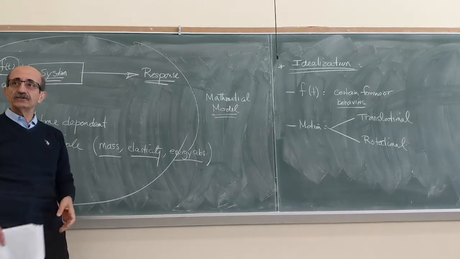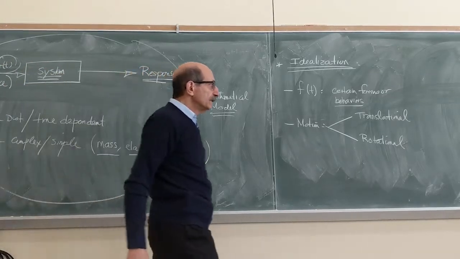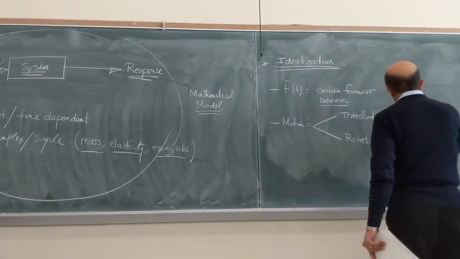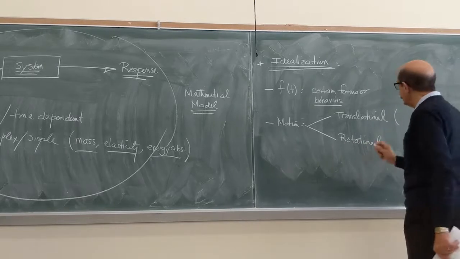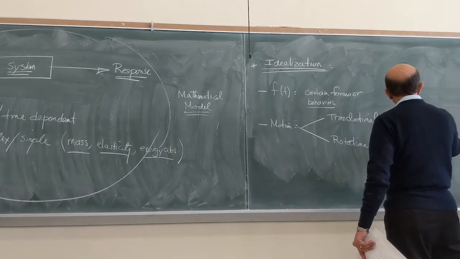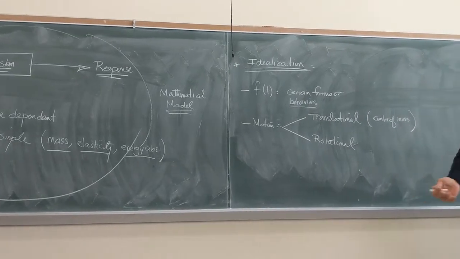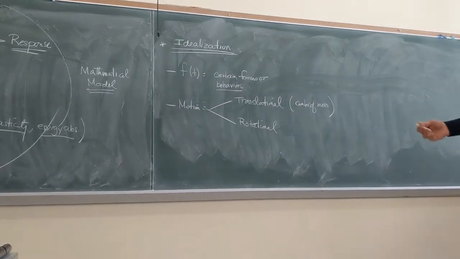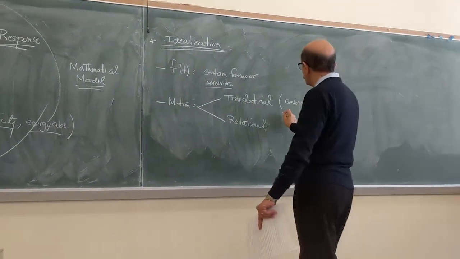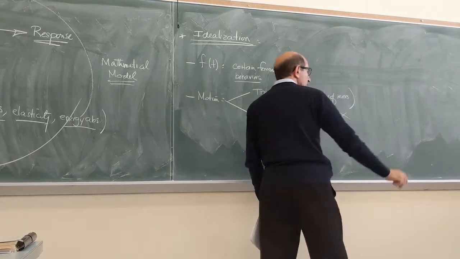In translational motion, we look at the motion in terms of what is happening to the center of mass. The way the mass is distributed, or the inertia, is not so important.